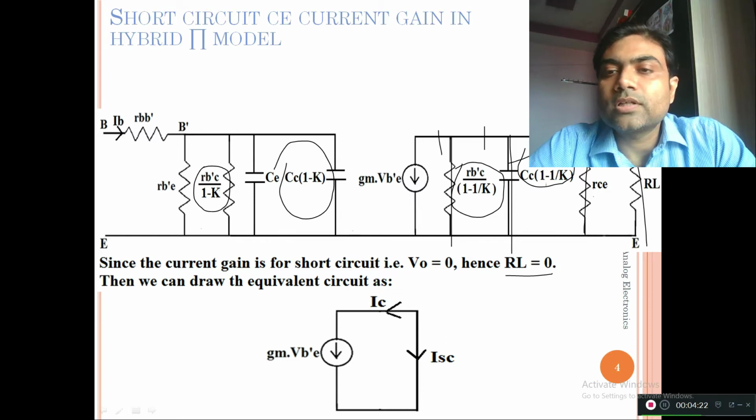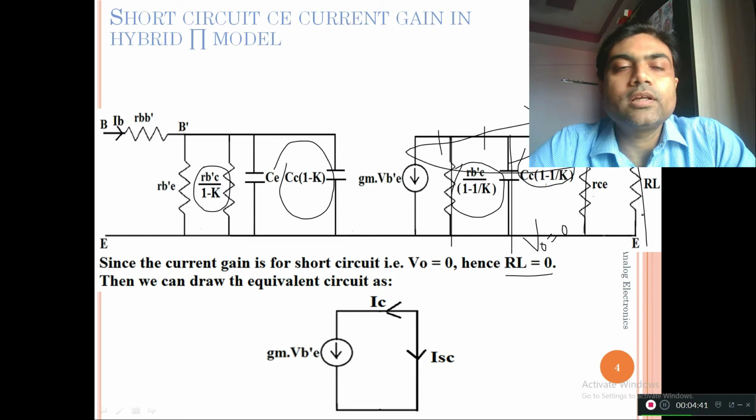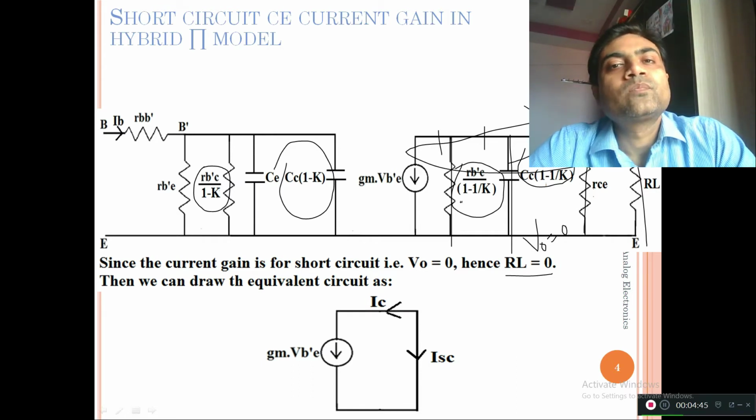All the terminals have the same voltage, and that voltage is VO, and we are making VO equal to 0. So by making VO equal to 0, we are short circuiting the output, and since RL is short circuited, the other components will also be short circuited.